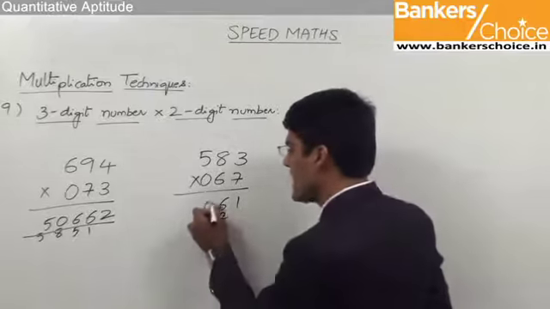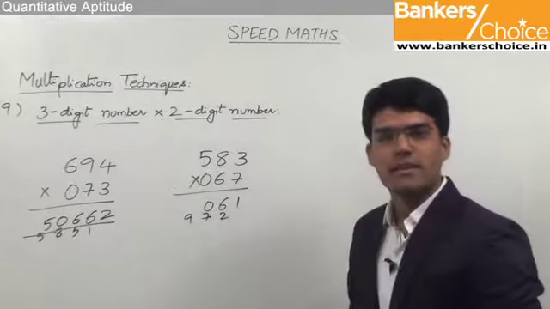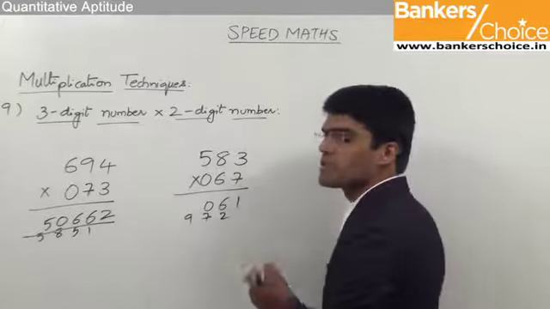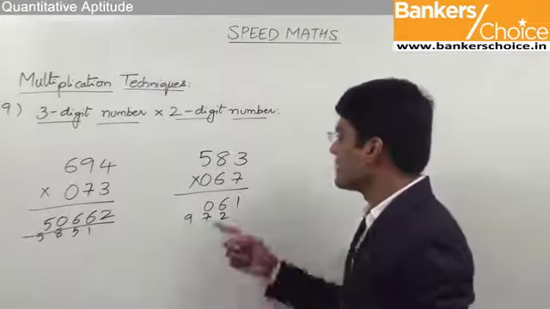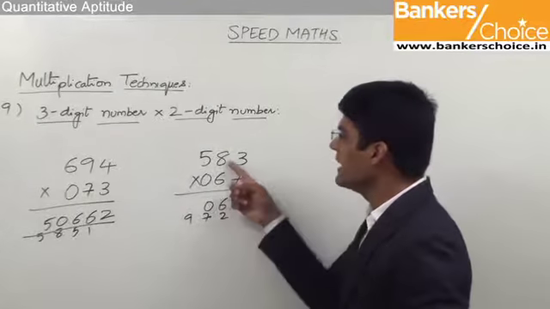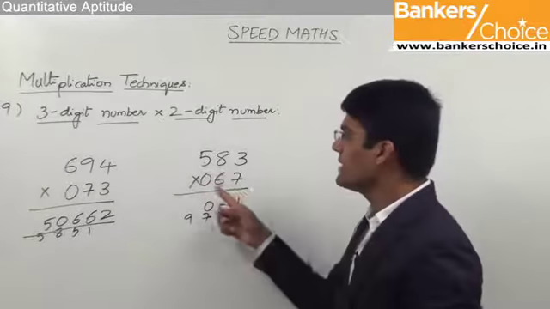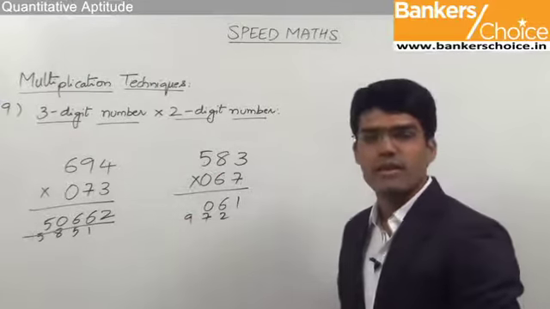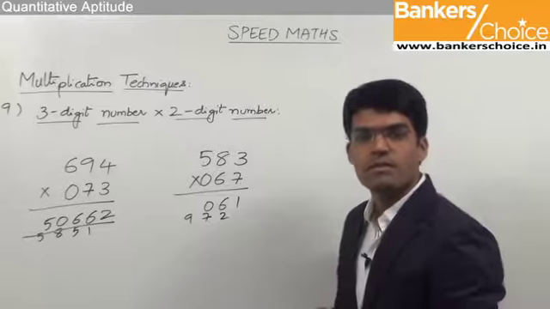So we take 0 in the answer and now 9 is the carry forward. Moving on to the fourth step, cross multiplication of tens place with hundreds place. So 5 into 6 is 30 and 8 into 0 is 0. So 30 plus 0 is 30. 30 and 9 is the carry. So we get 39 as the answer for the fourth step.